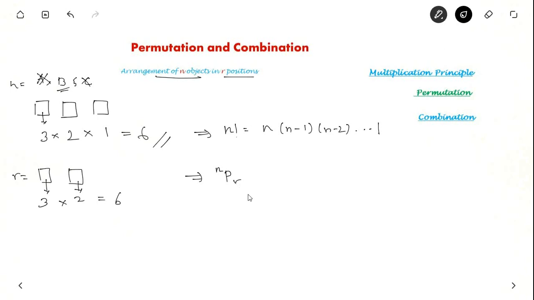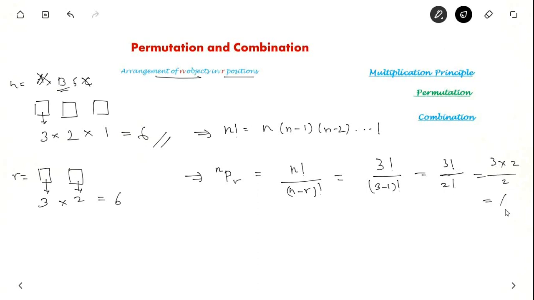So n objects in r positions, nPr is defined as n factorial divided by (n minus r) factorial. So n here is 3, 3 factorial divided by (3 minus 1) factorial. So this is 3 factorial by 2 factorial. So this is 3 into 2 divided by 2, which is nothing but 6. So this is permutation.